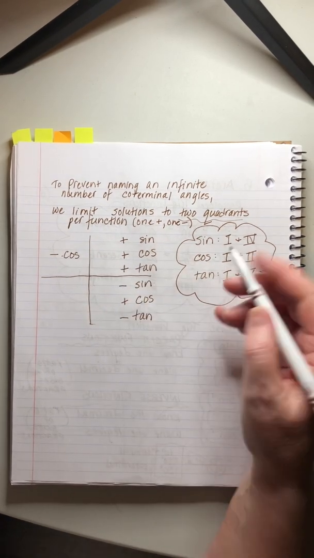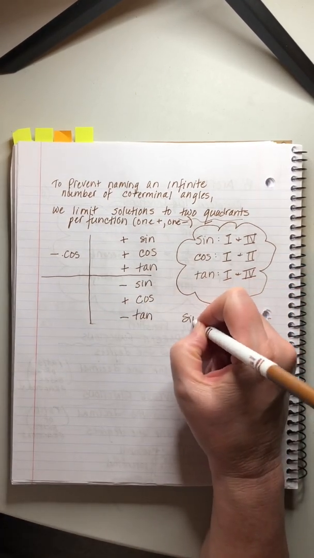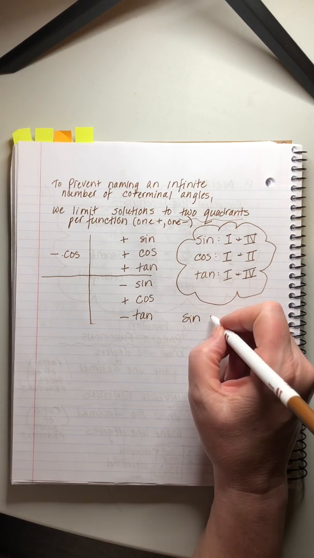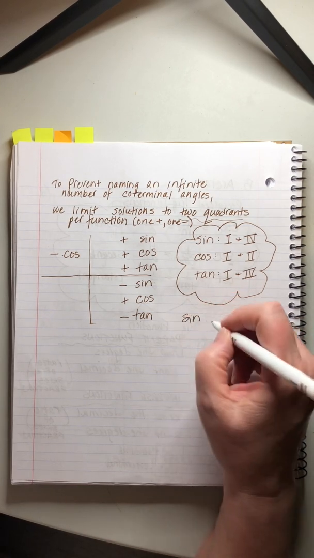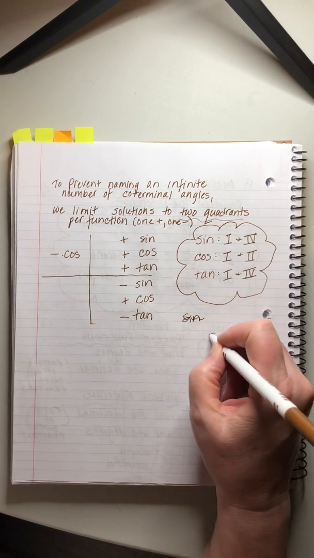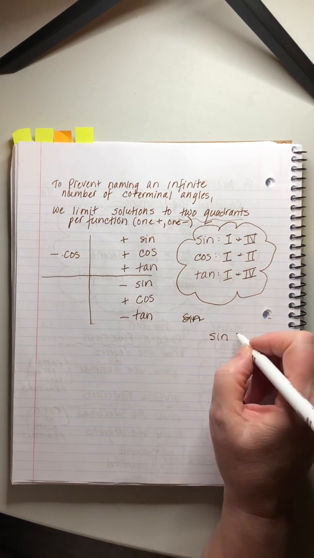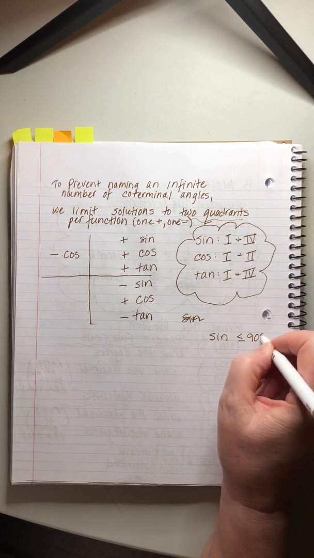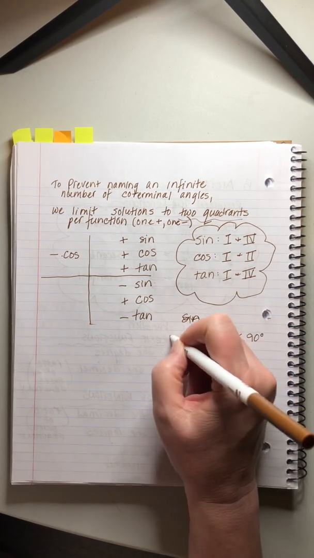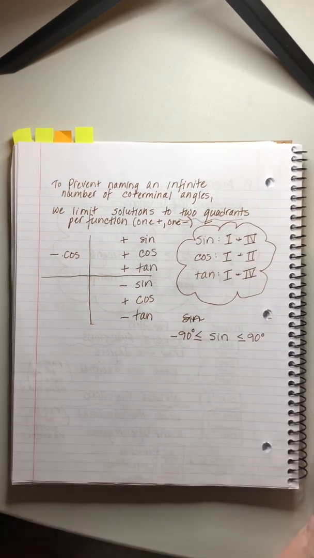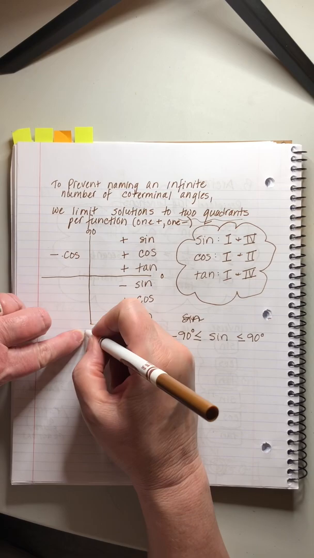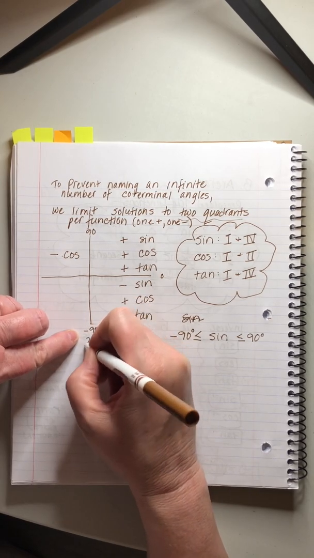Another way that we can write these is for sine, we say that they're between positive 90 and minus 90 degrees because this is 90 up here, right? And this is 0. And we can call this negative 90 or 270.